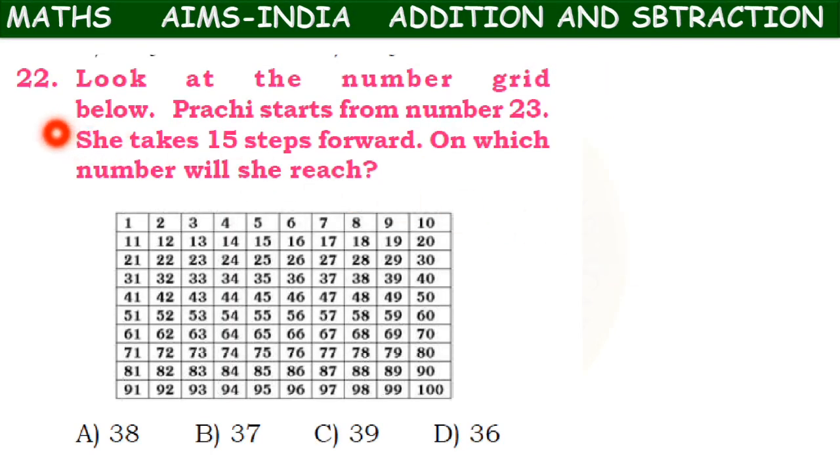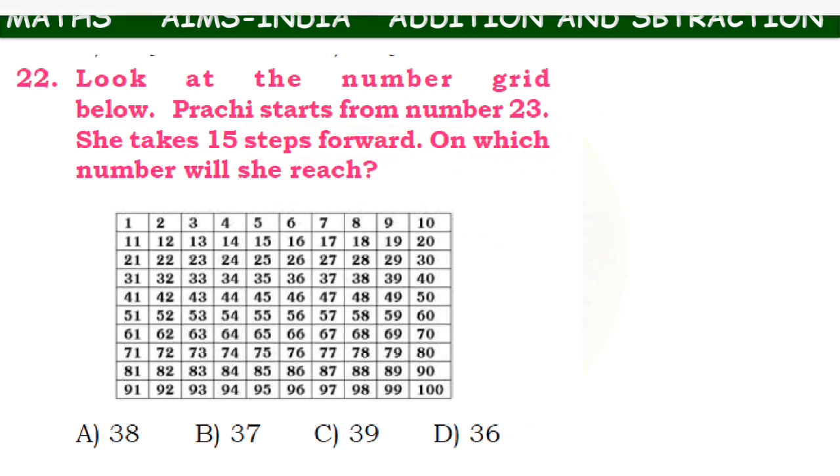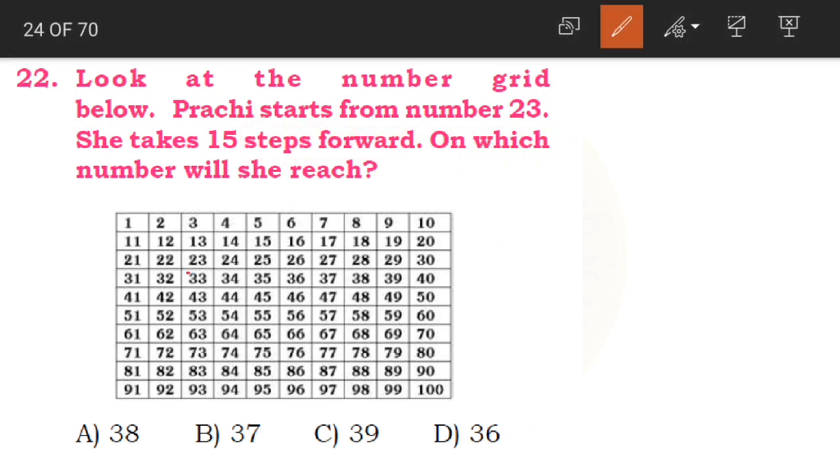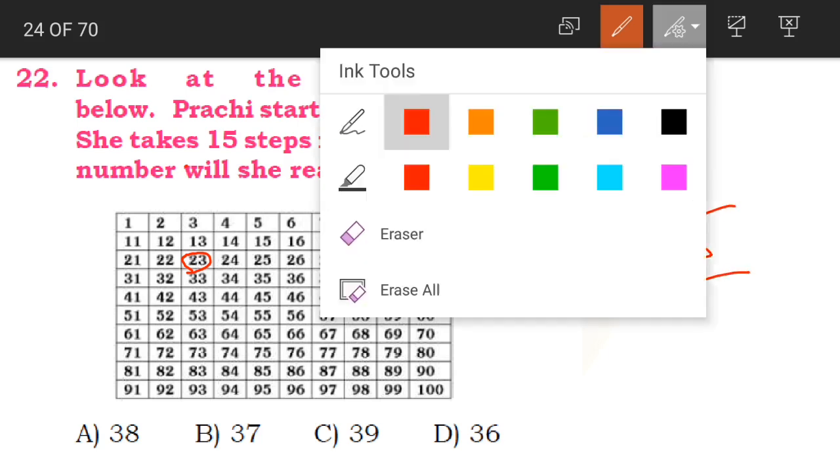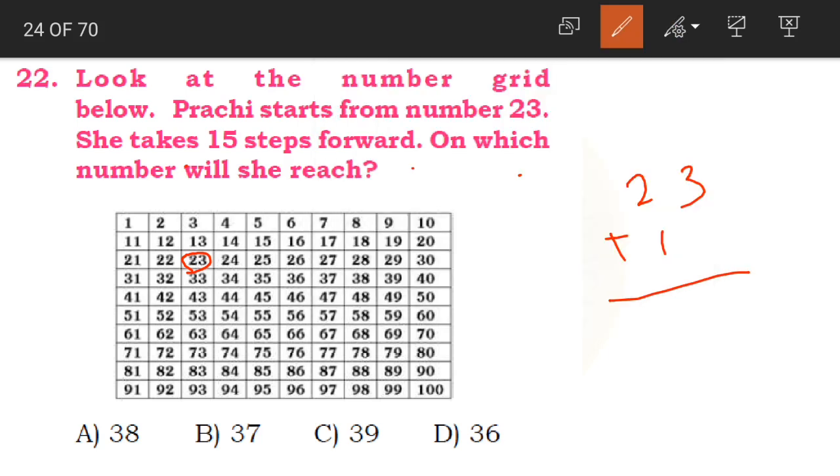Coming to question number 21. Look at the number grid. Prachi started from number 23. Now she takes 15 steps forward. On which number will she reach? See, there are two ways to solve this question. First, you should add 15 to 23. 3 plus 5, 8. 2 plus 1, 3.